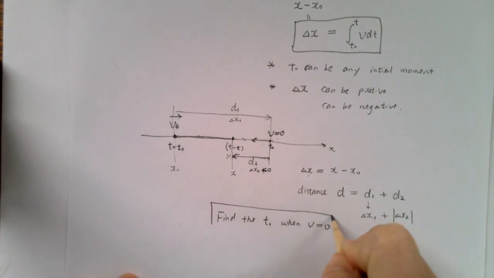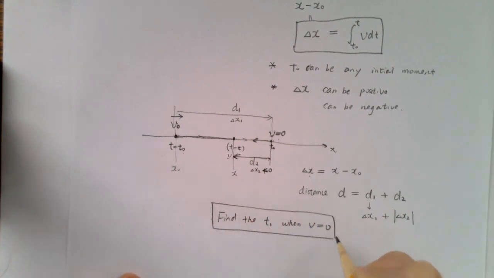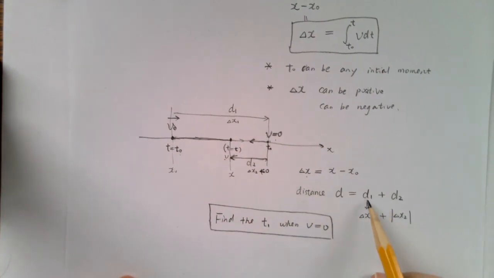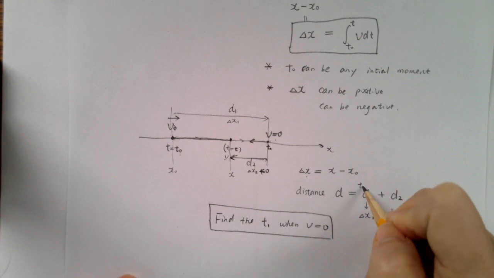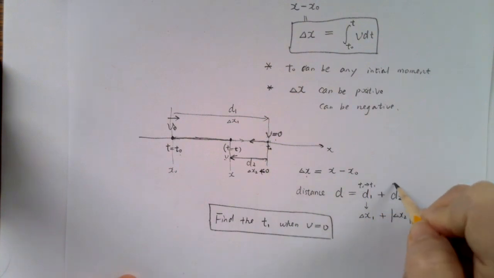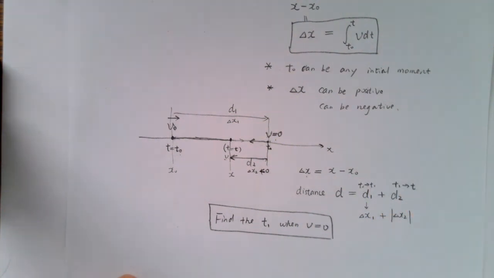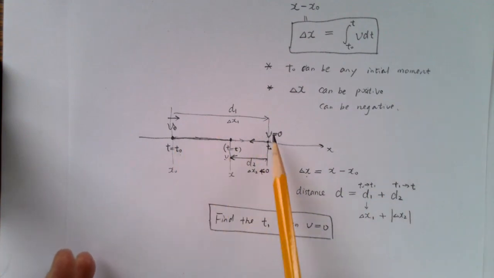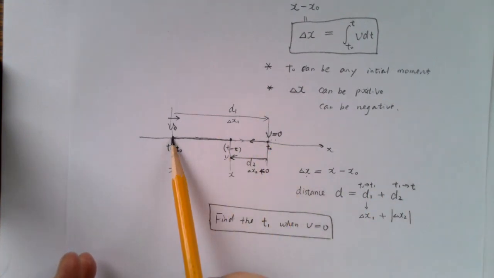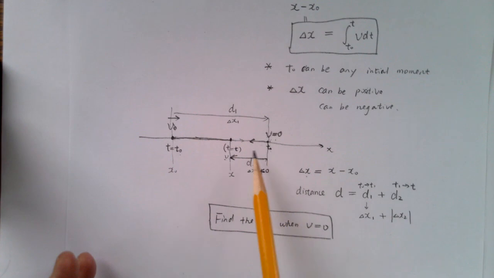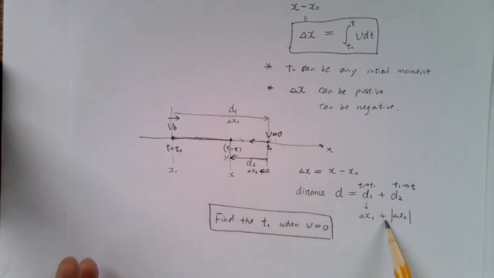So that will be a very key value. Then you figure out the displacement from t sub 0 to t1, and then from t1 to our final moment t. So break the entire motion into the two segments, t sub 0 to t1, and t1 to t. You can find out the total distance.